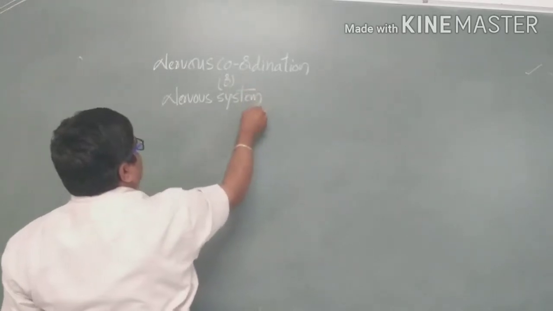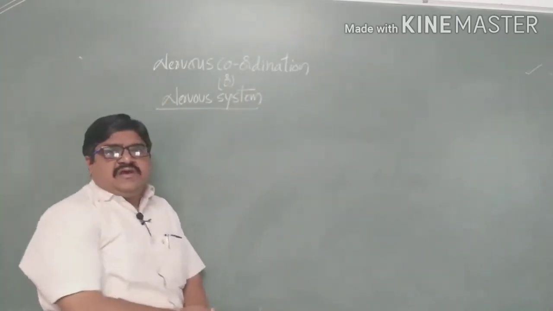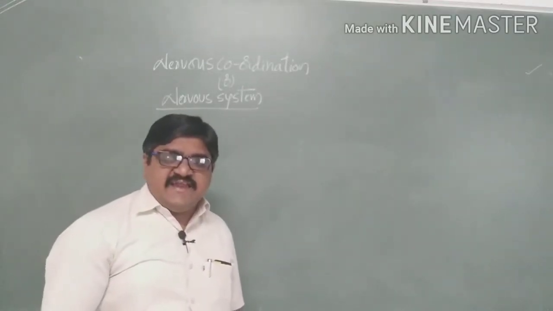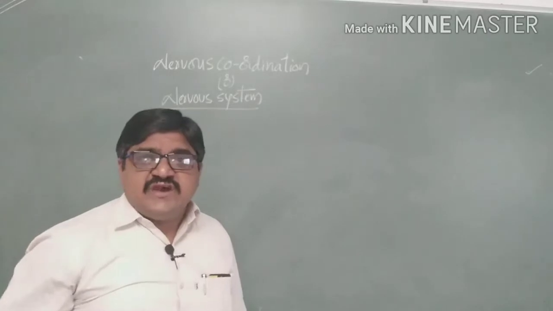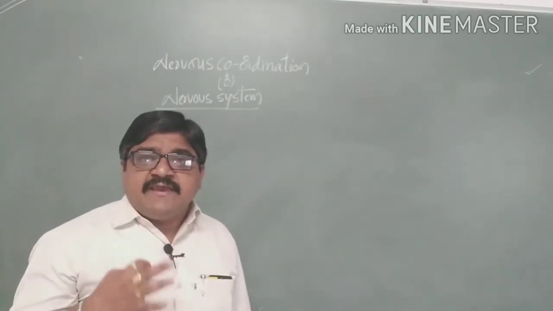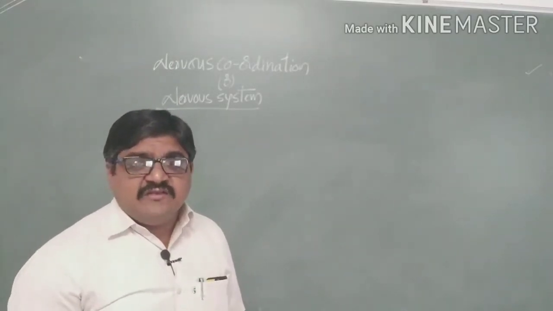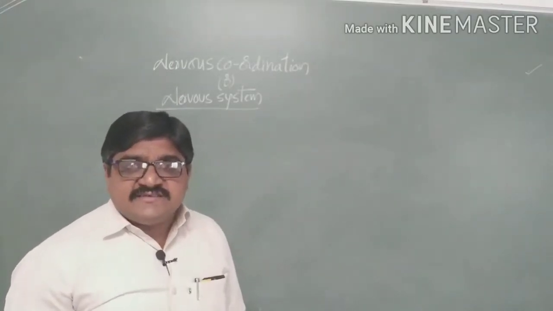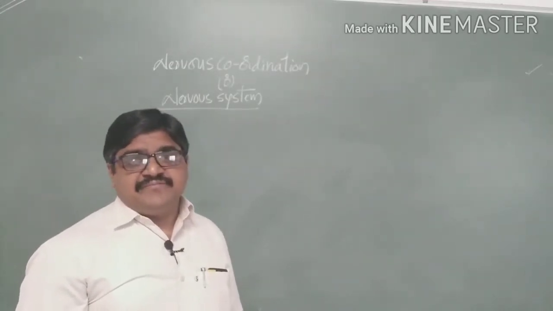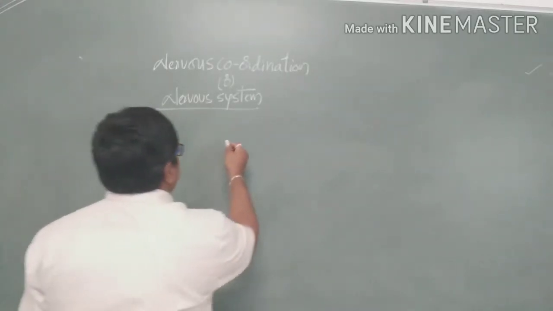So, what a nervous system means is an integration of neurons, nerves, and nervous organs which coordinate with one another and perform a specific function. This process we can call a nervous system or nervous coordination.